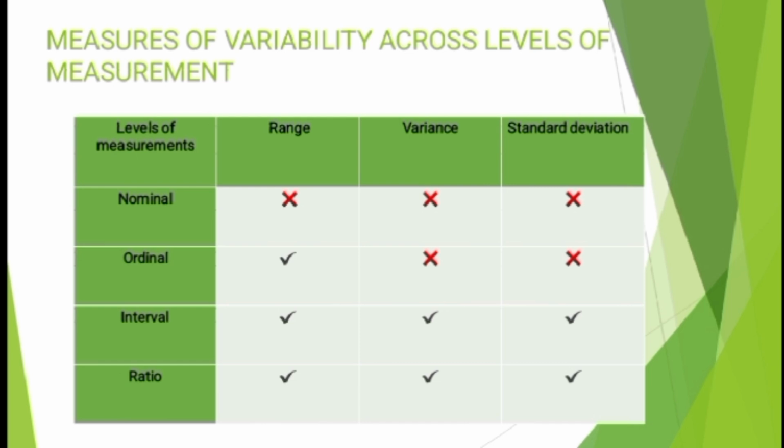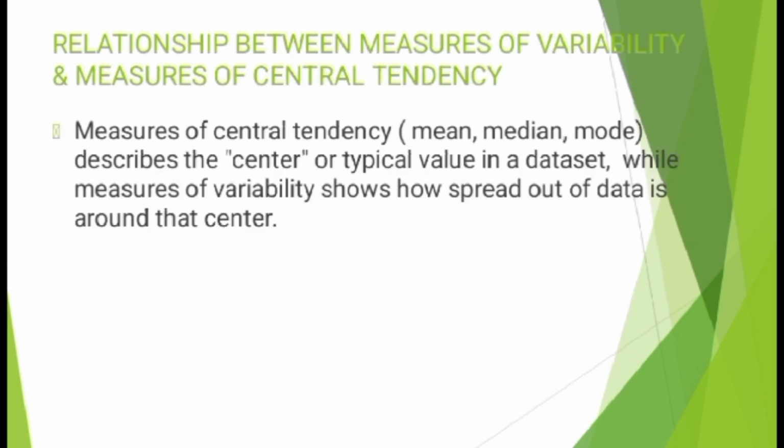For the last is ratio. Ratio data allows for all arithmetic operations and enables calculation of the coefficient of variation, facilitating comparison of variability between datasets with different means.